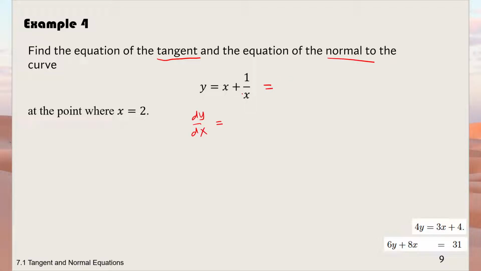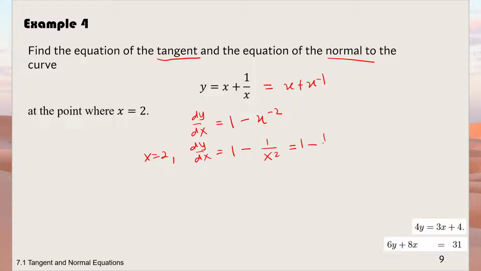This one I bring the x to the power negative 1, x to the minus 1. Differentiate x is 1. Differentiate x to the minus 1 is minus x to the minus 2. And when my x equals 2, dy dx equals 1 minus 1 over x squared.